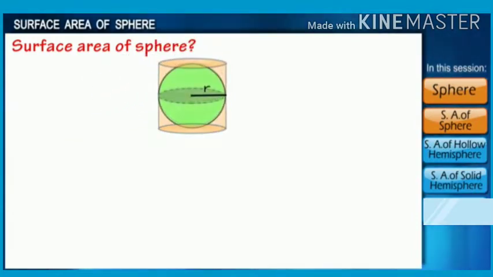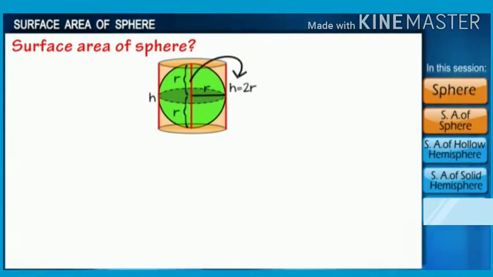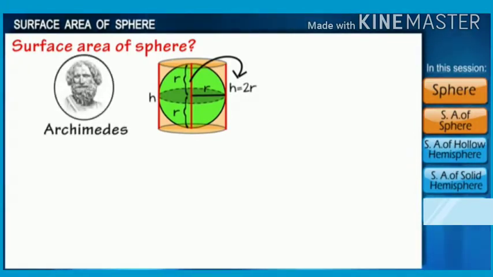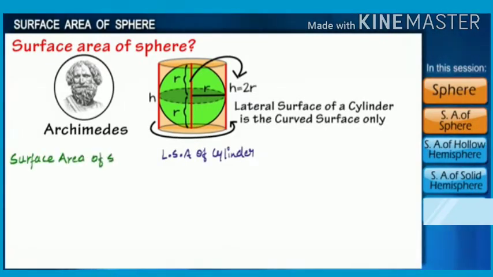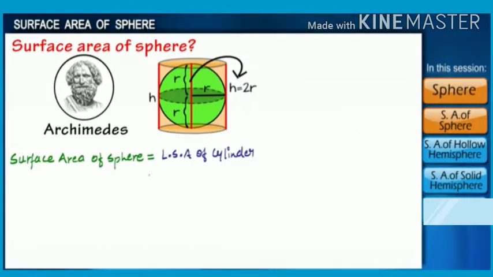So, the radius of the sphere will be equal to the radius of the cylinder, and the height of the cylinder will be 2r. Now Archimedes has given the relation that the lateral surface area of the cylinder is equal to the surface area of the sphere. Only in this particular case when the sphere is well fitted inside the cylinder.